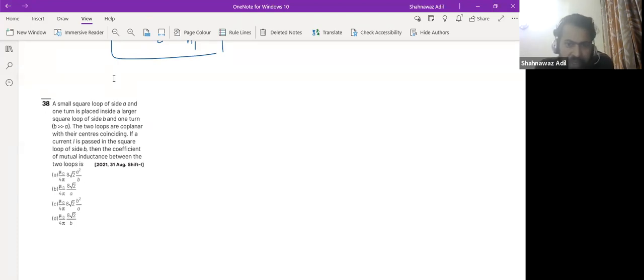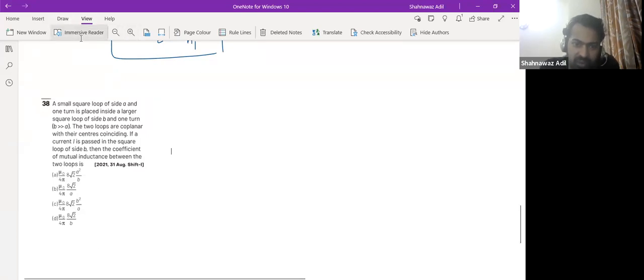These are coplanar with their centers coinciding. If a current I is passed in the square loop of side B, which means the outer one, then the coefficient of mutual inductance between the two loops is, right?